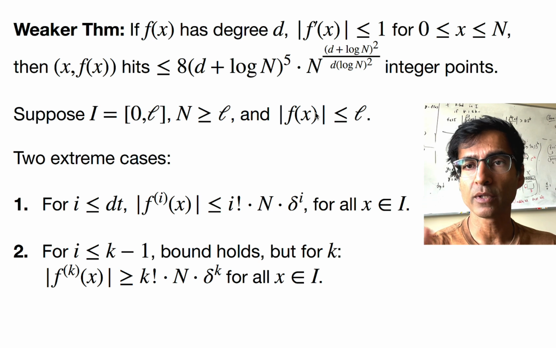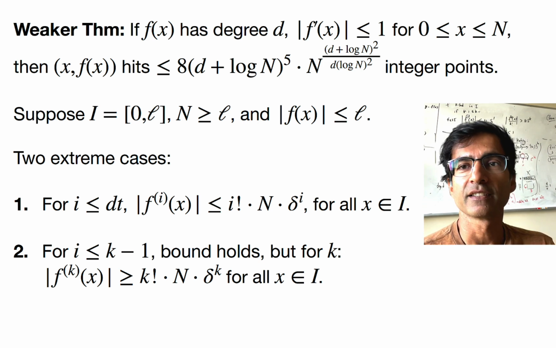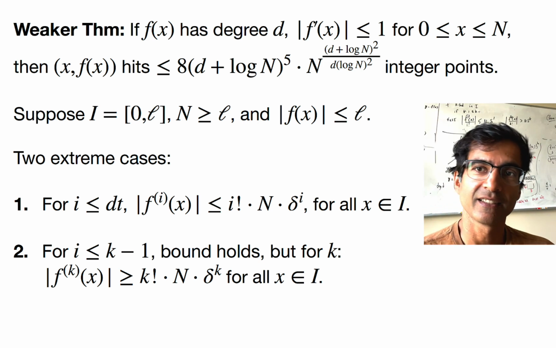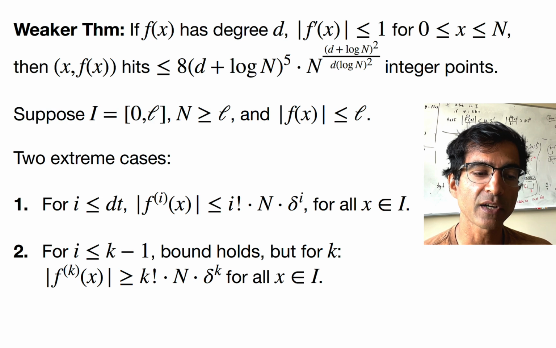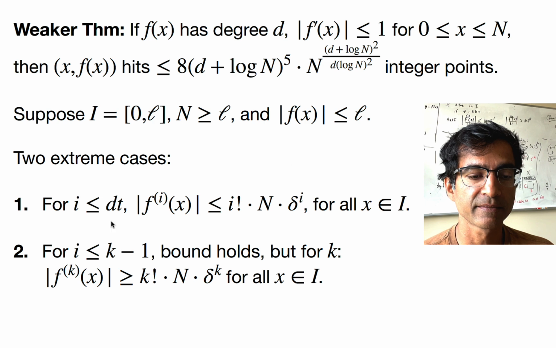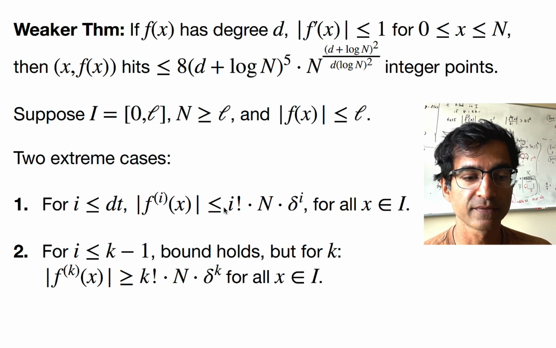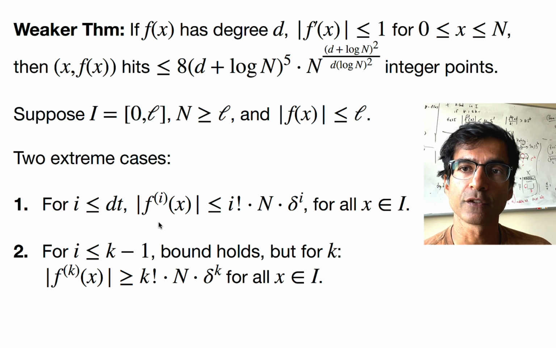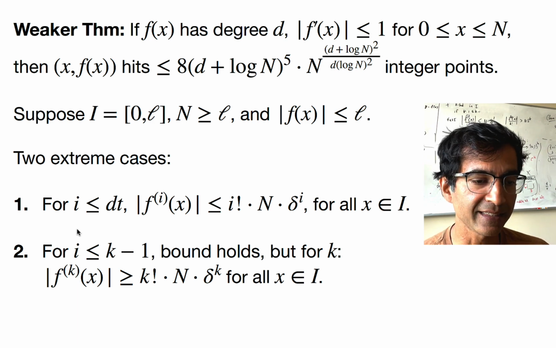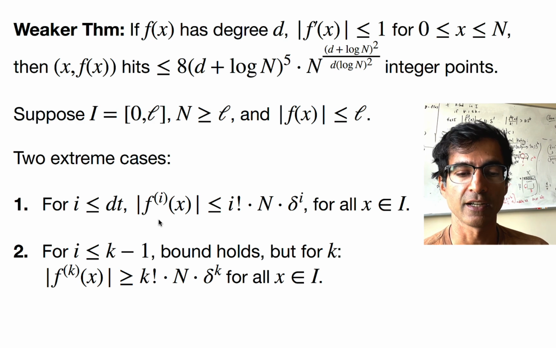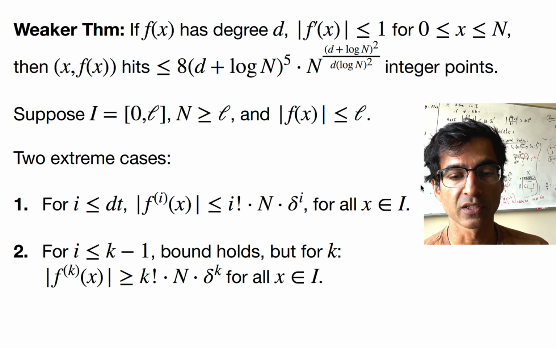Now there are 2 extreme cases. The first case is that for some parameters t and delta, the derivatives of f are bounded for all points x in the interval. All of the first d derivatives of f are bounded for all the x in the interval.